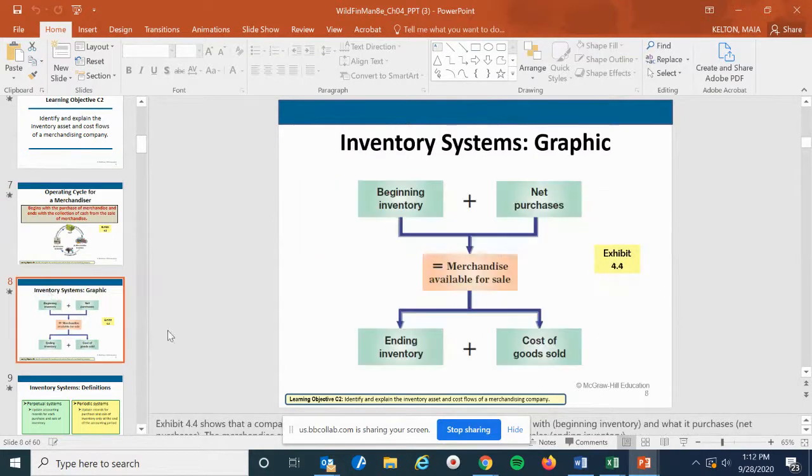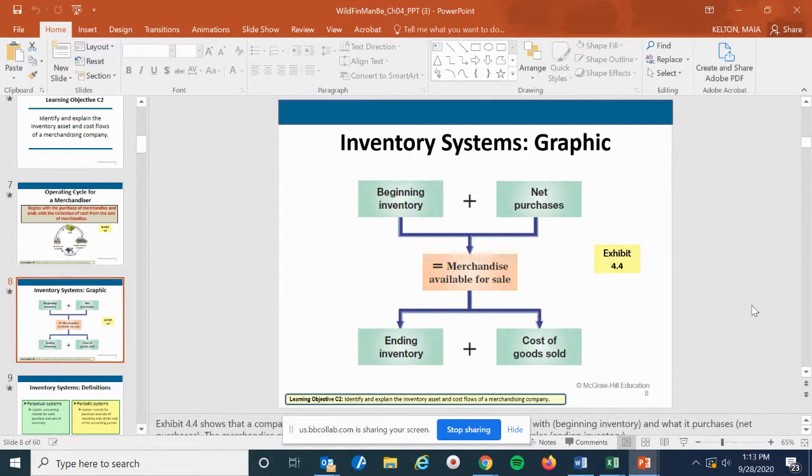We need to understand what this inventory account is. So all merchandisers, unless they just started in business, would have some inventory in their inventory account left from the previous period. To that beginning inventory, we will be adding their net purchases, the sum of beginning inventory and net purchases, what we call merchandise available for sale. This is every single thing the company has to sell to their customers.